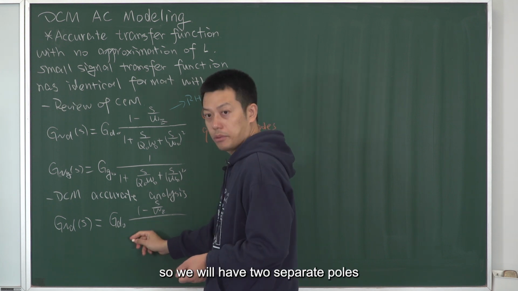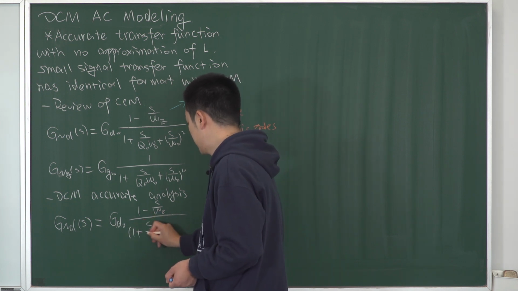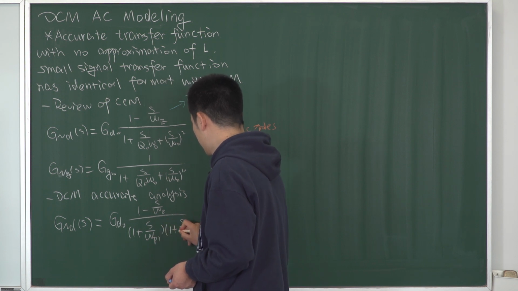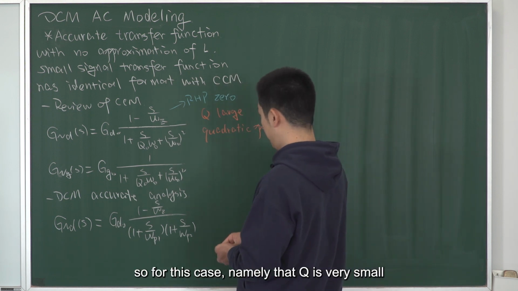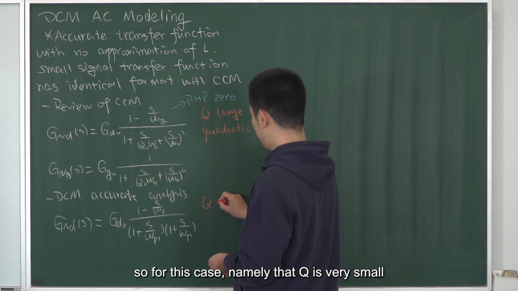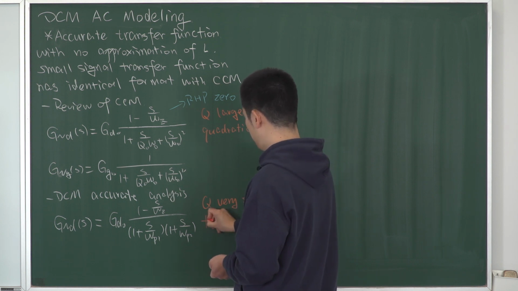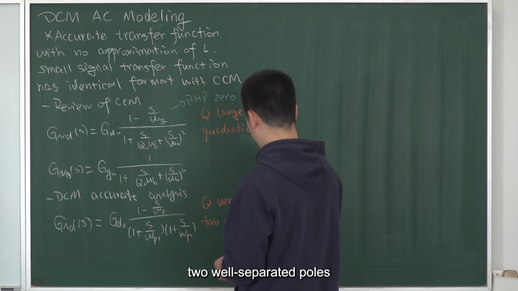So we will have two separate poles. So for this case, namely that Q is very small, two well separated poles.